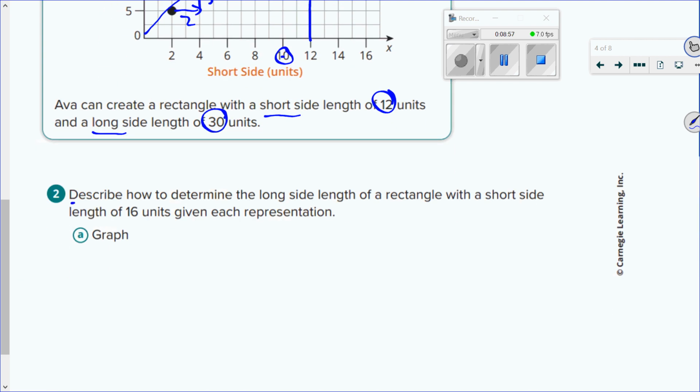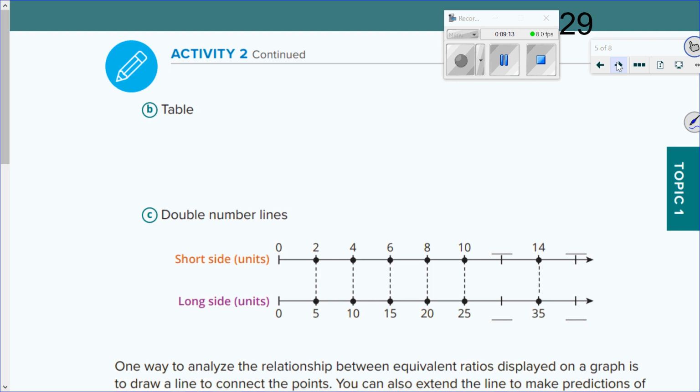Describe how to determine the long side length of a rectangle with a short side length of 16 units given each representation. So we actually have all 3 representations for you. Problem A, we're asking you to do it on the graph. Turn the page, or it's actually your opposing page, right? So the opposite side, you've got to do a table, and then they have the double number lines. So they want you to use all 3 representations.